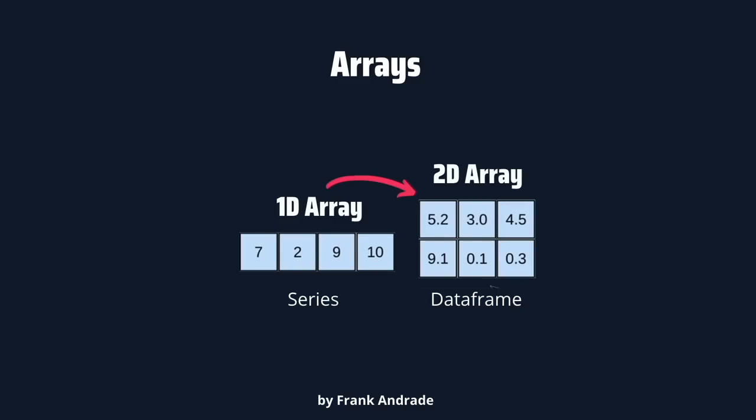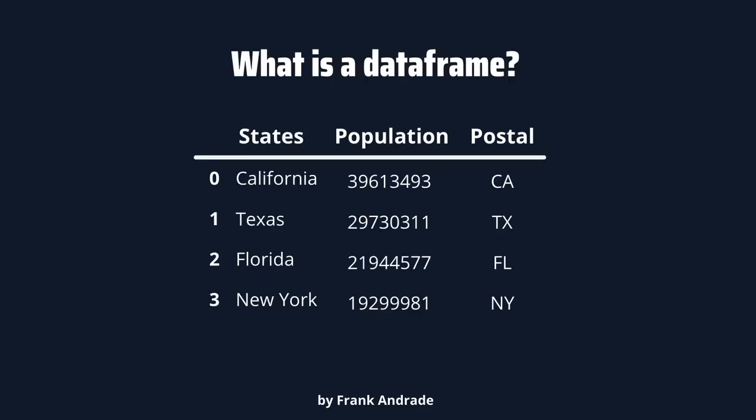But if you didn't quite understand the definition of a data frame in terms of arrays, let me show you another definition, this one using Excel. A Pandas data frame is the equivalent of an Excel spreadsheet. Pandas data frames, just like Excel spreadsheets, have two dimensions or axes.